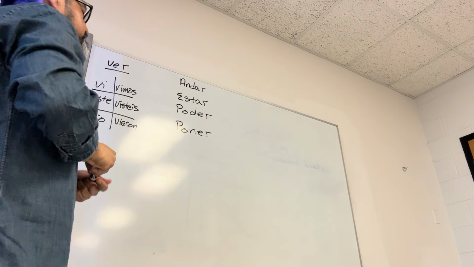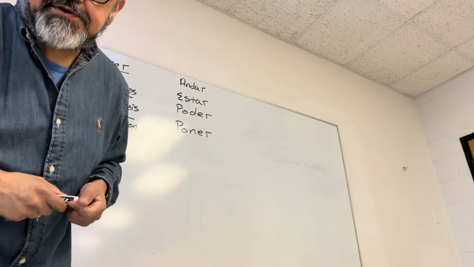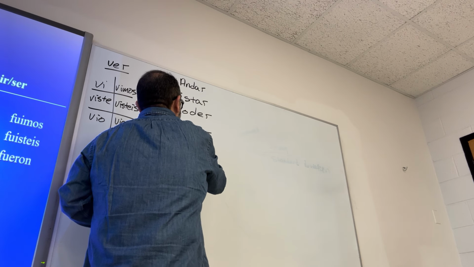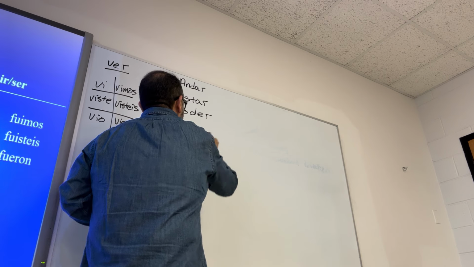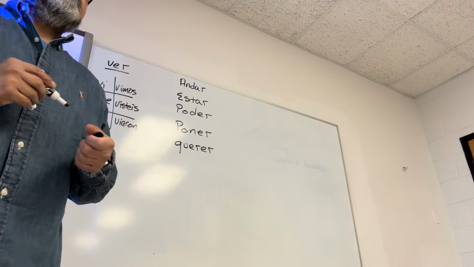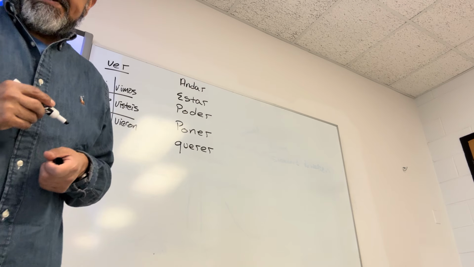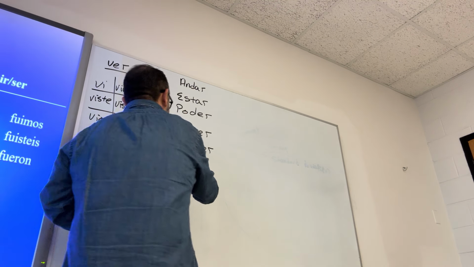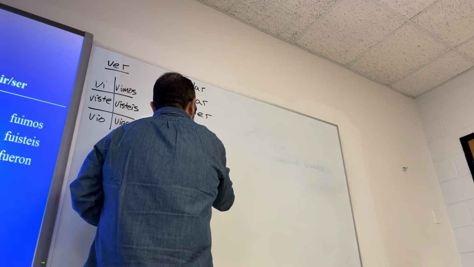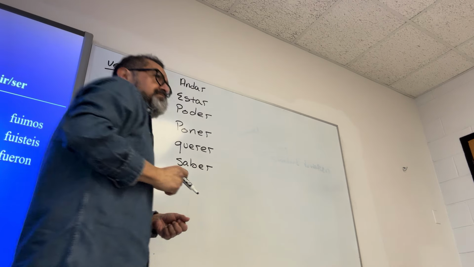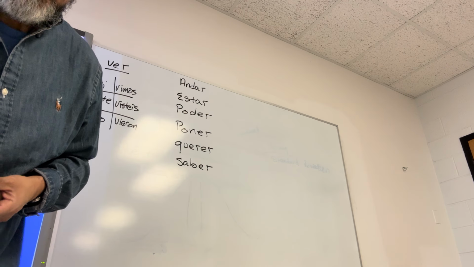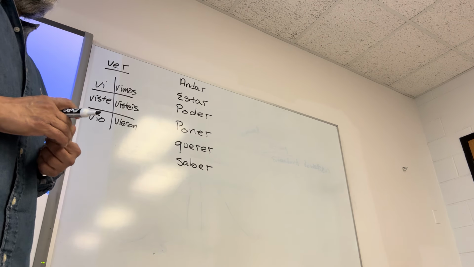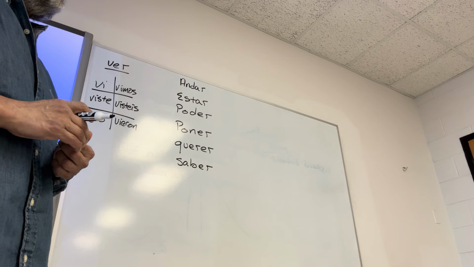Perfecto, good job, Cheyenne. Poner is to put or to place. Querer? To want. Muy bien. Perfect. Okay. Saber. Saber is to know facts or information.